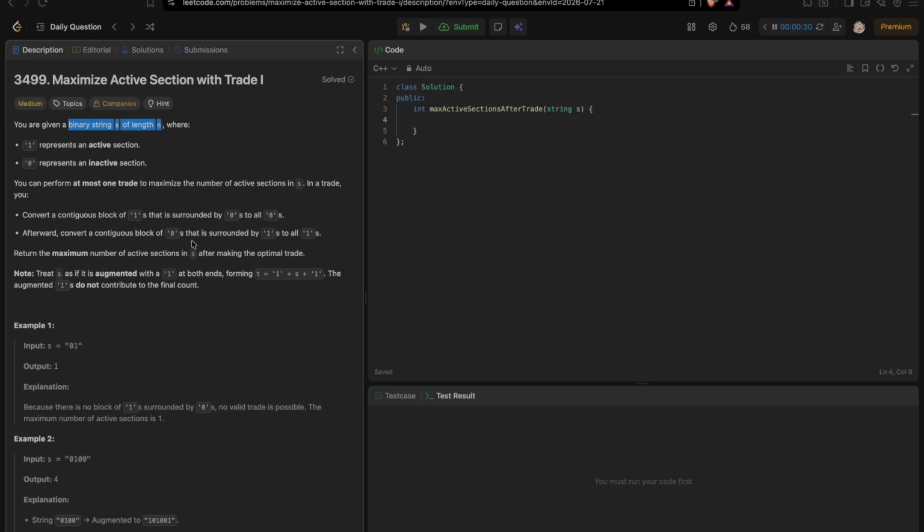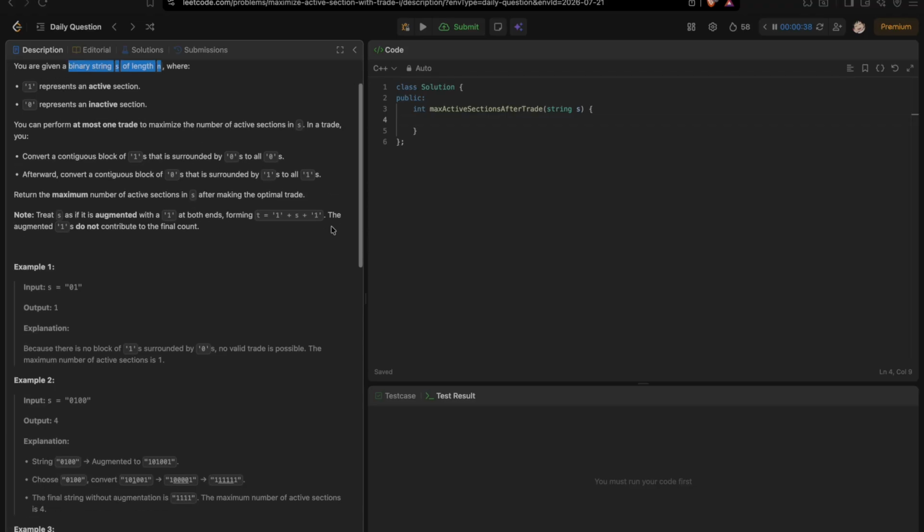Afterwards, convert continuous blocks of zeros surrounded by ones to all ones. So we can convert a substring of all ones to zeros and then zeros to ones.